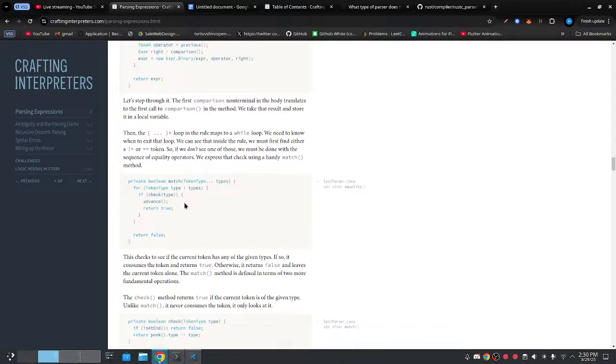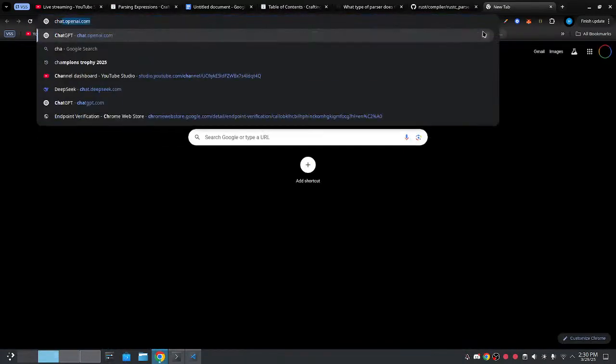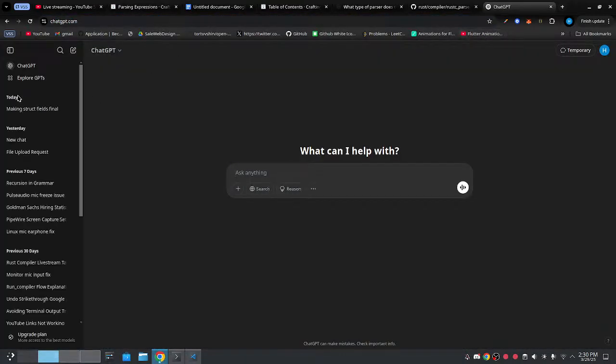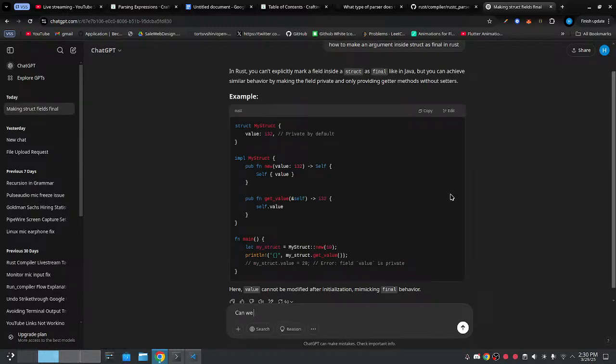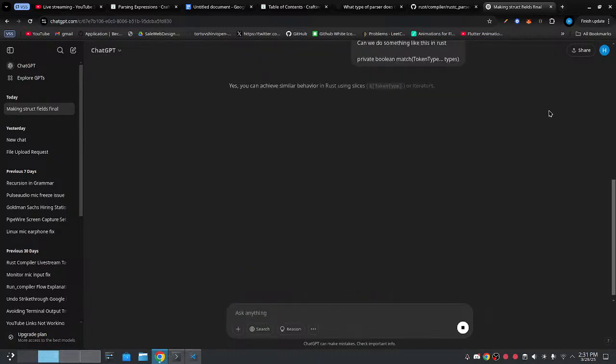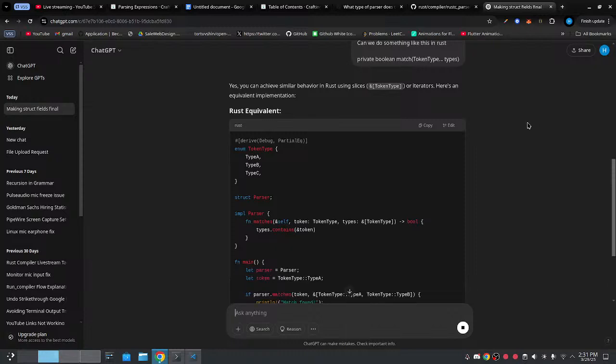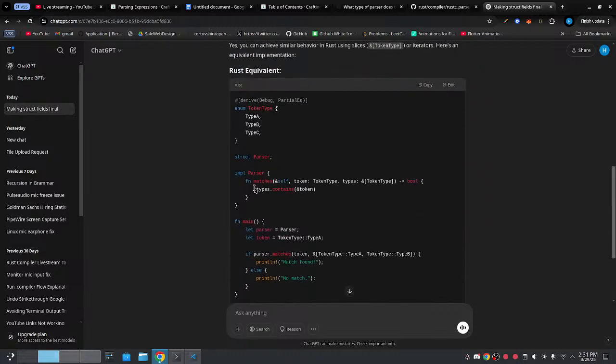Okay, so we were here, right? I'll just ask ChatGPT. Can we do something like this in Rust? Token type A, B, C. Token type, ten types.